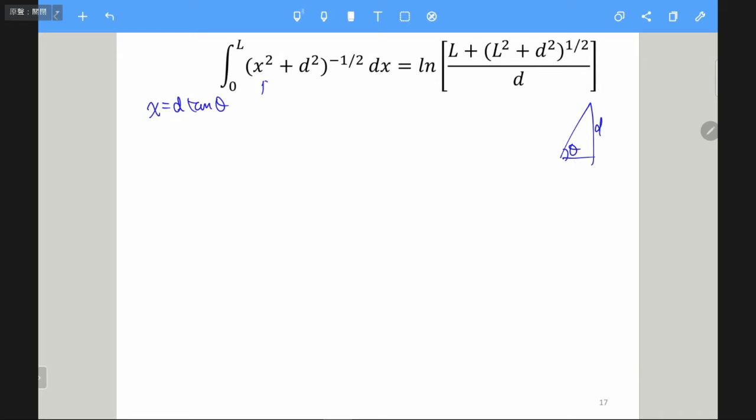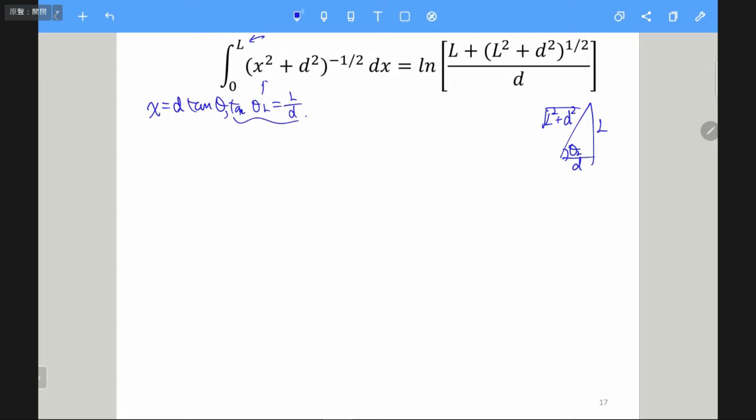Sorry, so the sides are L and d, and the hypotenuse is the square root of L squared plus d squared. This is theta L. So tangent of theta L equals L over d, because we need to substitute this variable.